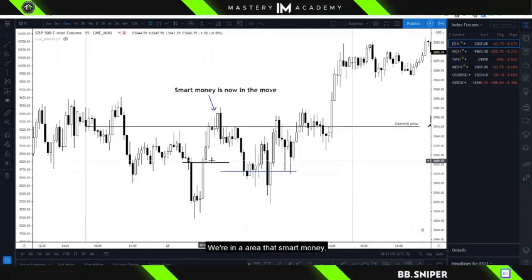Smart money's in the move, and we're anticipating that rebalancing of price. And this is obviously well below a 50% or a 618 fib. We don't have to put that up on here. You guys can already see that by now, right? Low, high, retracement. Now, did it come all the way down to the 786 or that's probably 886? Yeah, it came down there, right? But boom, market rallied higher, right?